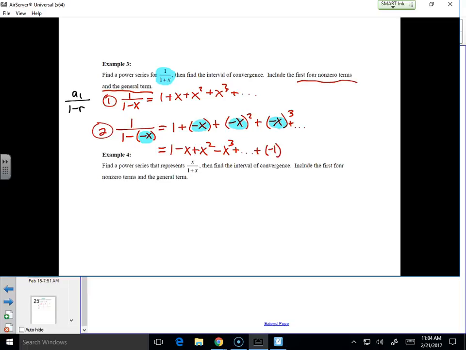Negative 1 raised to, am I going to start at 1? I don't want to do n, right? Because if I raise negative 1 to the 1, shouldn't that be negative to start with? So how am I going to fix that? Sure, we can do n plus 1 or n minus 1. Either one will work. We just need it to not start at a negative.